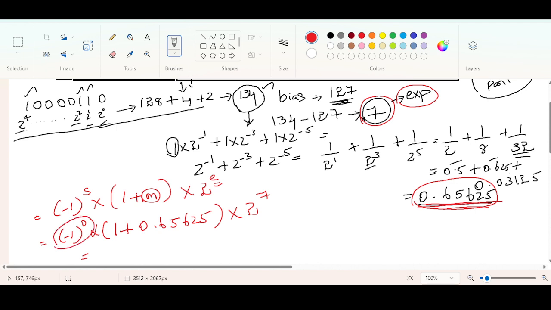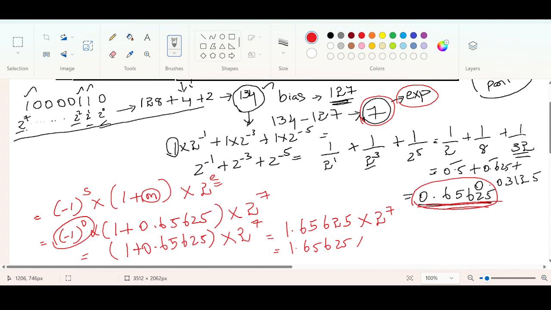So this is 1.65625 into 2 to the power of 7.